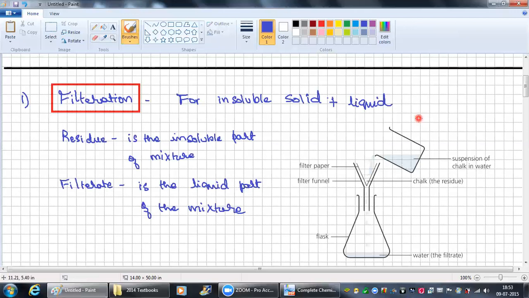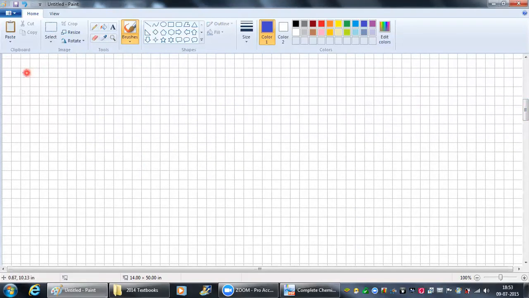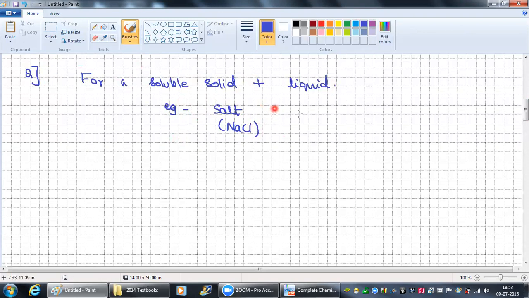I can consider simply an example of salt plus water. Salt is NaCl.